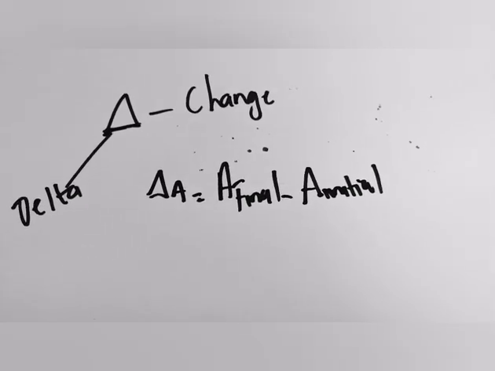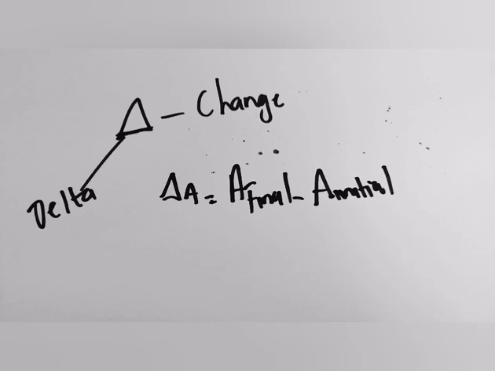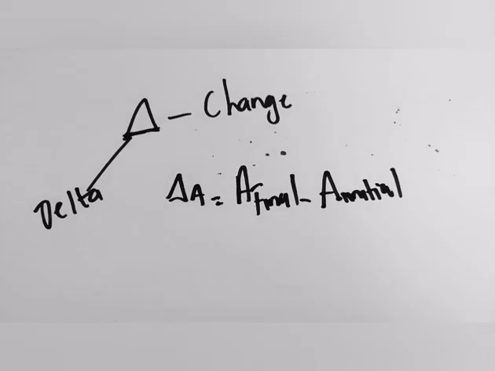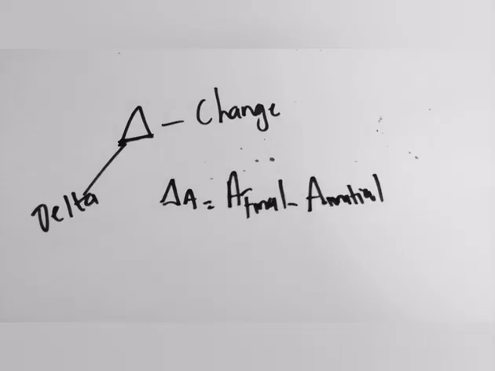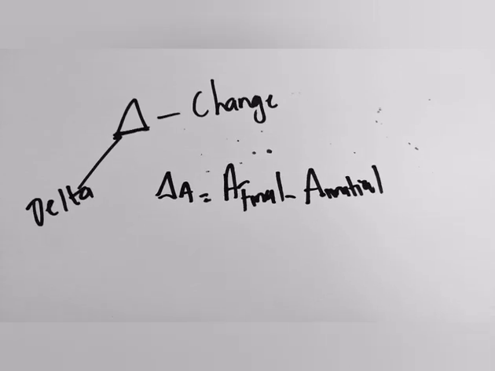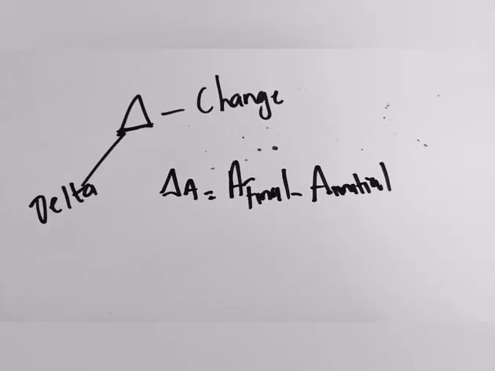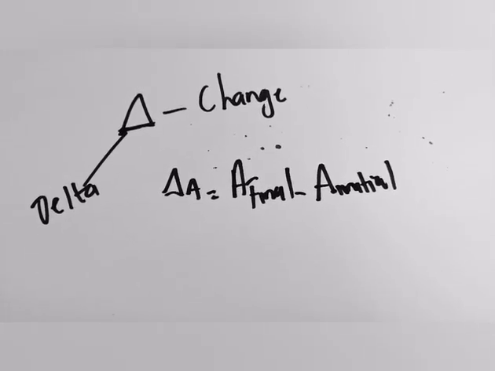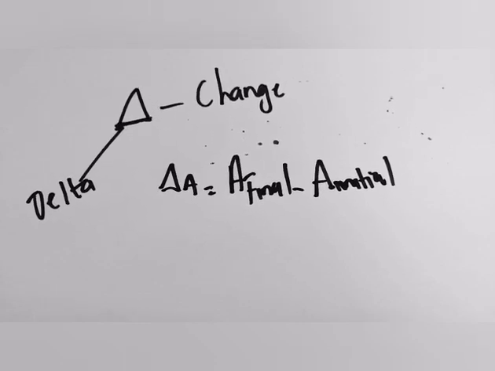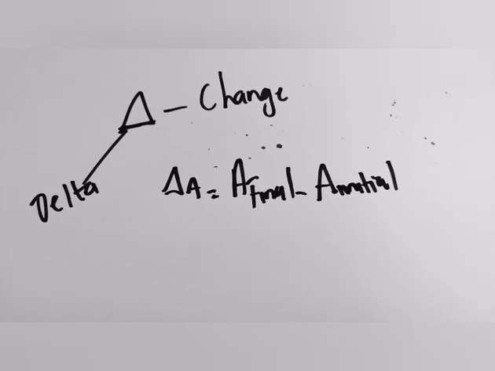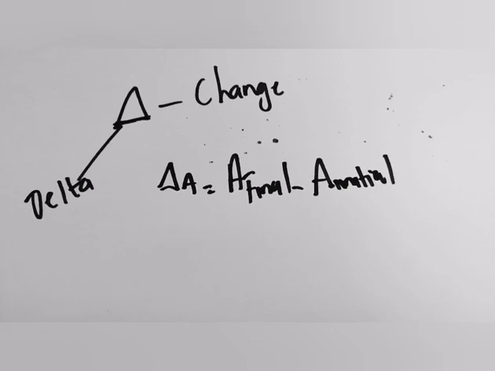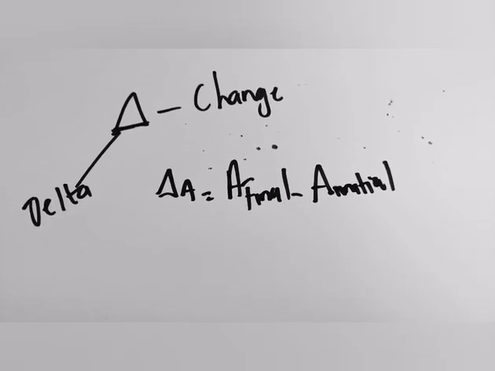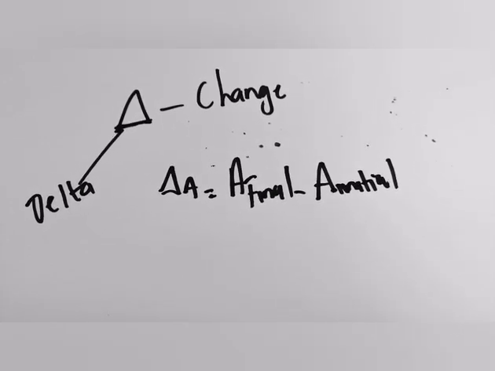So that's what we're going to talk about now, because it is possible for an object to have its final momentum and its initial momentum. So we're going to use that delta a lot. Remember, delta here doesn't tell us about b squared minus 4ac. No, that's mathematics, nature of roots.